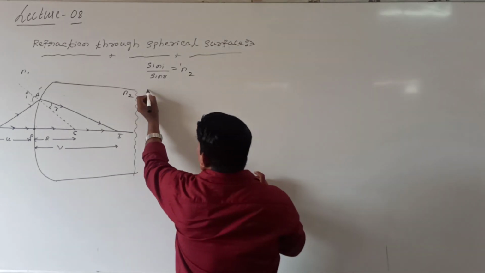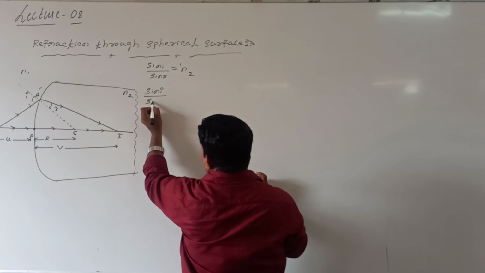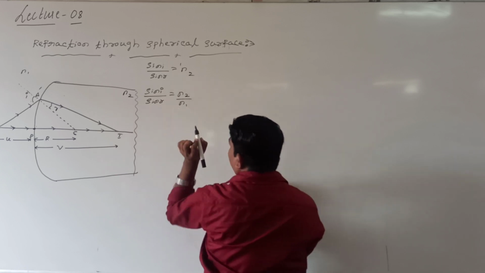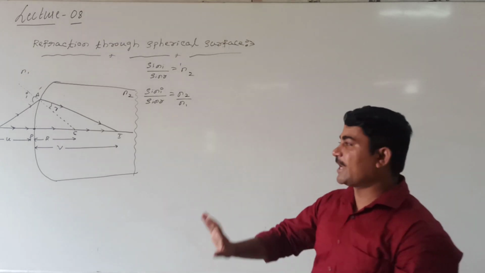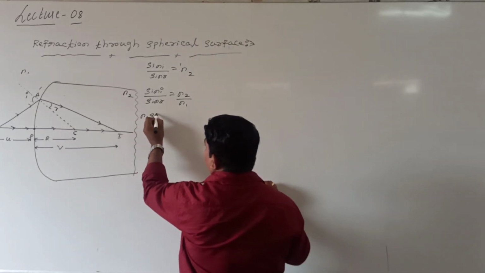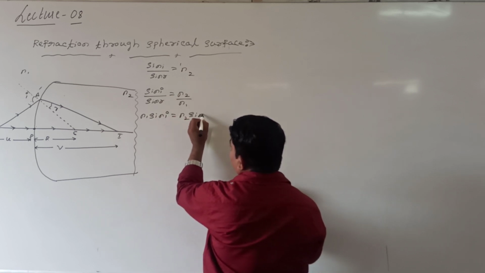Then the ratio of sine i to sine r is equal to n2 divided by n1. Or else simply I can write n1 sin i equals n2 sin r.